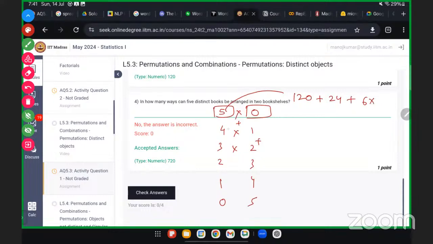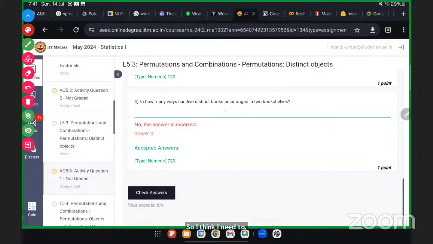I think what I'm missing is the ways to select the books. So 5P4 will be 120 also. What I'm missing is I'm saying the 4 are there, but which 4? I think I need to define that. So I have to do 5P5 and 5P0.